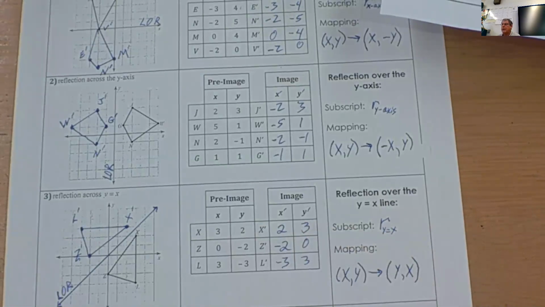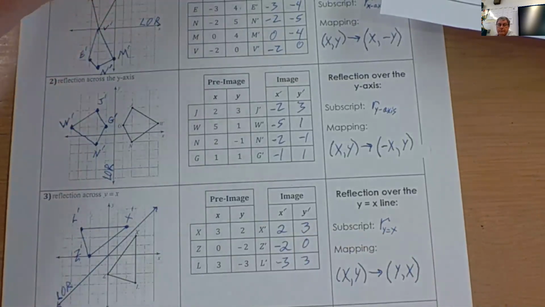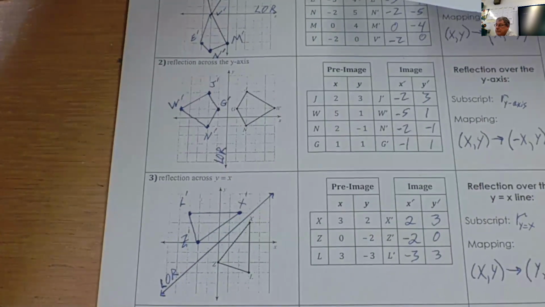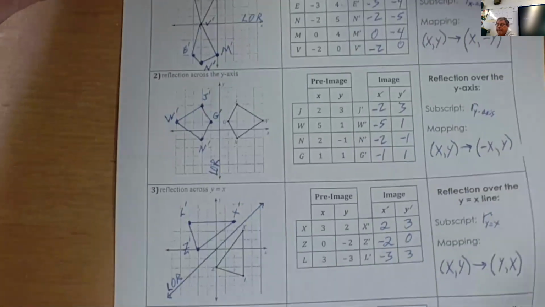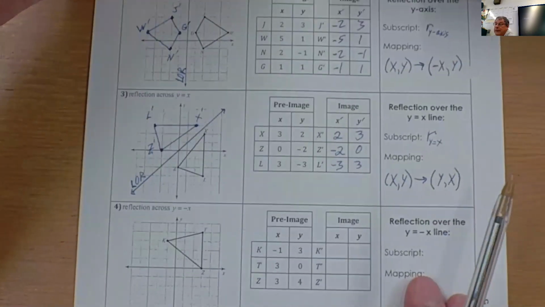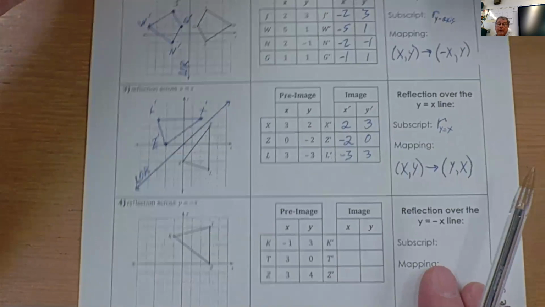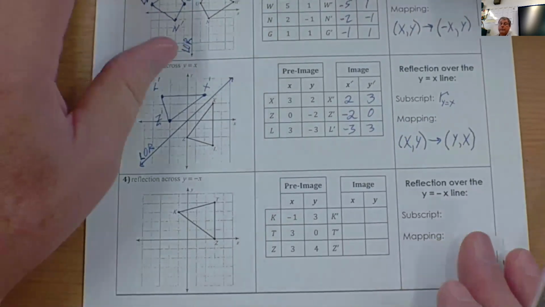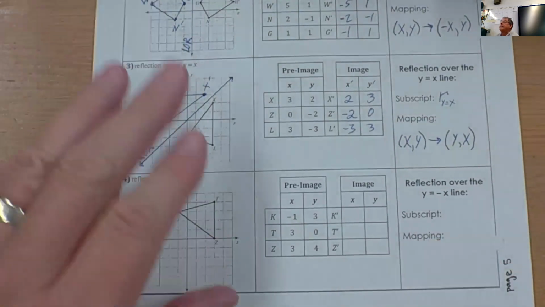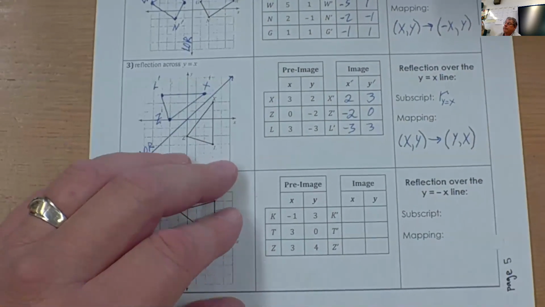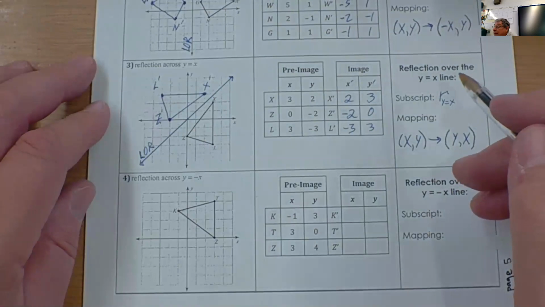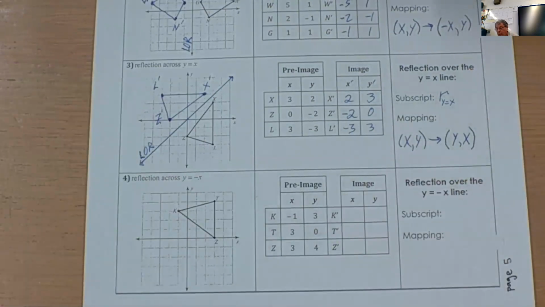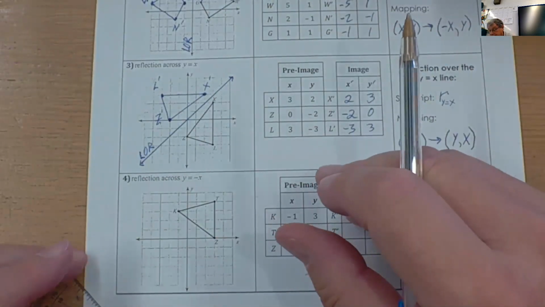Good. Number 4. There, oh, see, I gotta get that number 4. There we go. Number 4. Reflect over the line y equals -x.